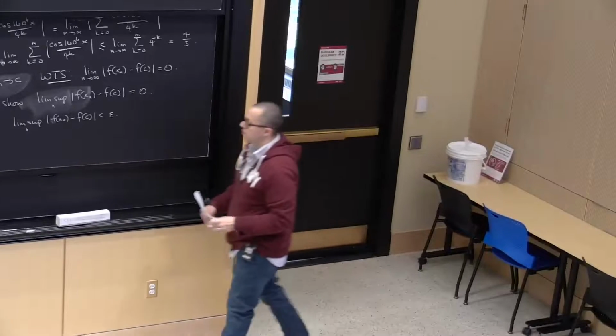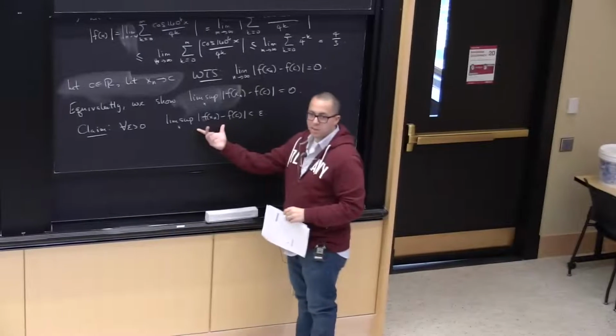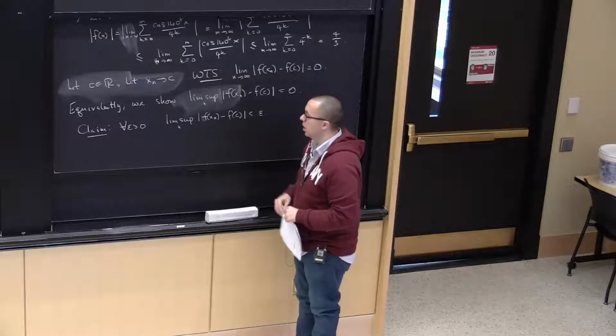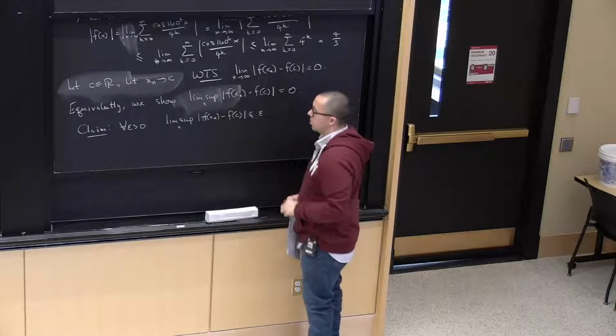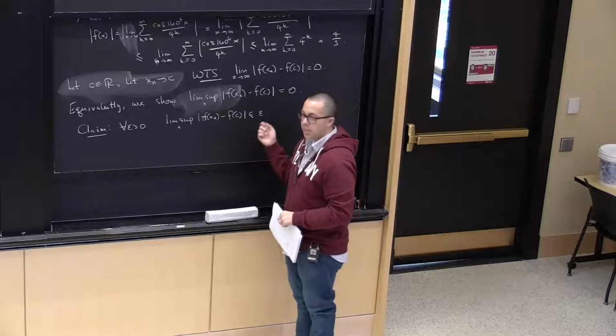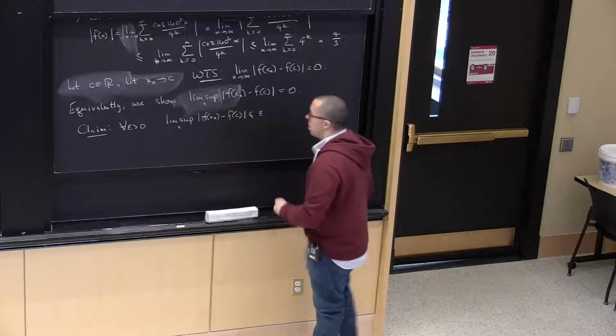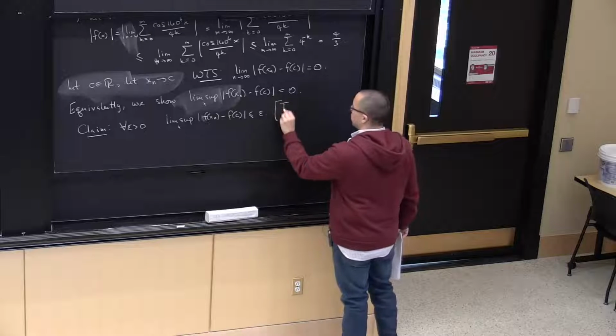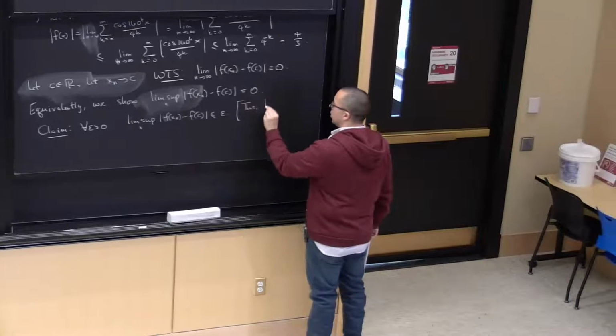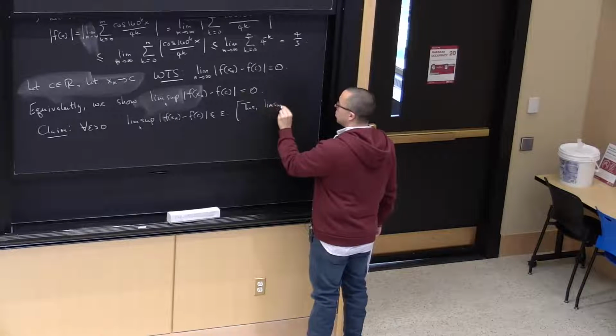Okay? So this is a fixed non-negative number, which is smaller than any number that I want, and therefore it has to be 0. Proving thus, the lim sup equals 0.